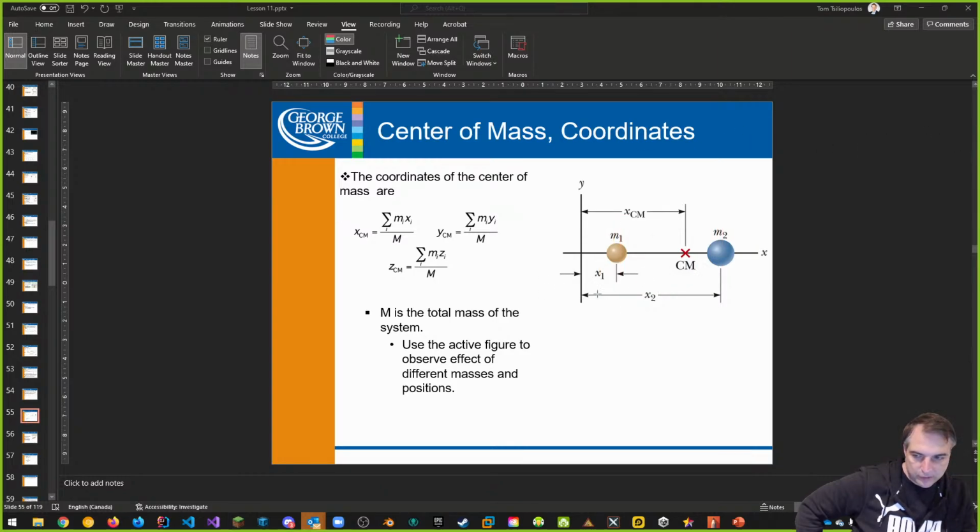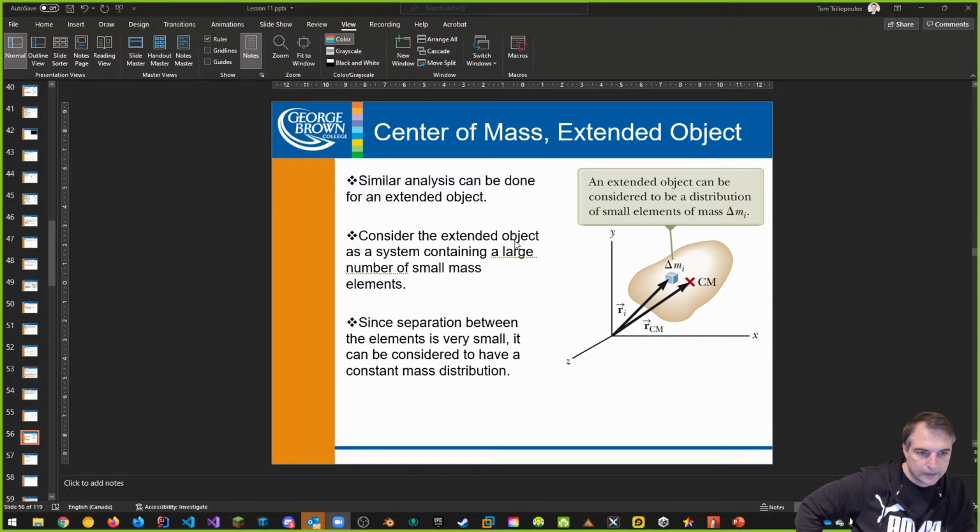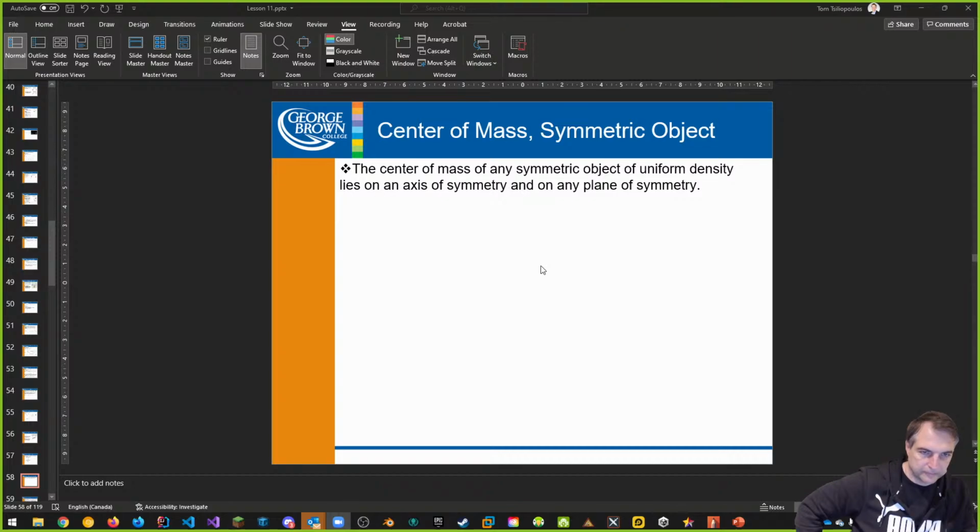But in this case, we're talking about two spheres. Sometimes we have an extended object, an irregular object, and this is nice to understand. But again, for our purposes, our objects are all going to be regular and rigid, not some kind of soft body mass.